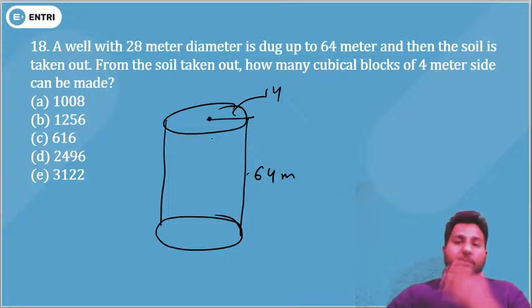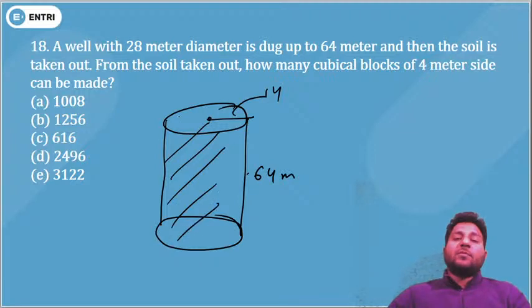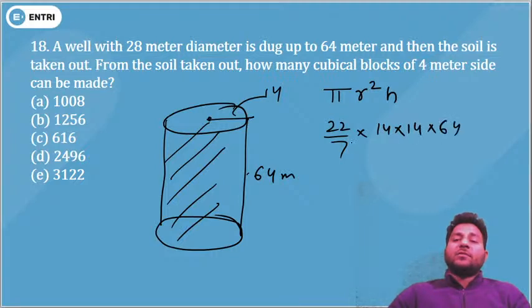So which means this volume will be taken out. How many cubical blocks of 4-meter side can be made? So first we need to find out the volume. Pi r square h, 22 by 7 into 14 into 14 into 64. So clearly we know that its volume will be 44 into 14 into 64.